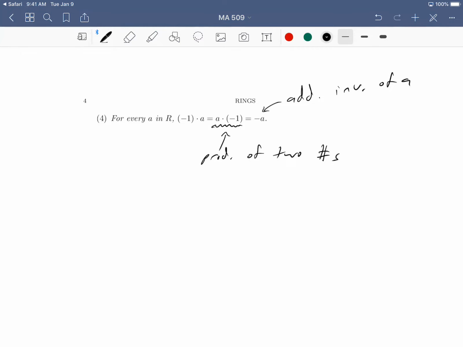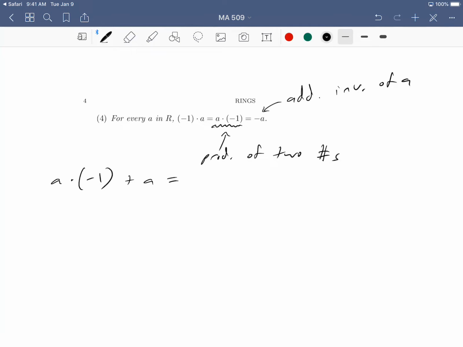All right, so to prove this, we're going to take a times -1, add it to a, and our goal is to show that here what we get is 0, because that's what would tell you that the first thing is the additive inverse of the second thing.